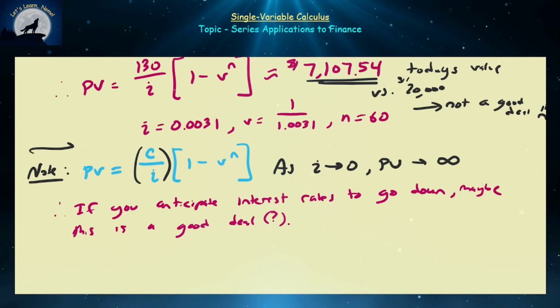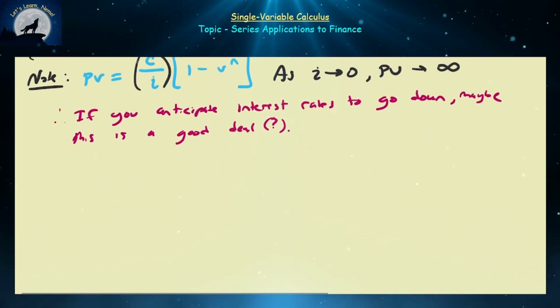Because keep in mind, right now under the current interest rate guess, we're at $7,100, but we still have a long way to go to get to $20,000. So even though interest rates might go down, it's probably not going to make up that difference. So it's like, okay, well, instead of the next 5 years, what about 10 years? Can you pay me $130 for the next 10 years? Obviously, that will make it a little bit more worth my while.